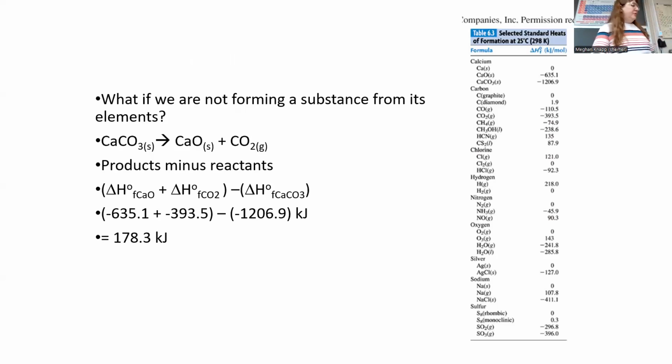Are we ready for another example? Is this going to be an endothermic or an exothermic reaction based on the sign? Endothermic is positive, so this one's endothermic. And in fact, you can get this to happen just by heating up. This is limestone. So if you take limestone and you heat it up, this is what you get.